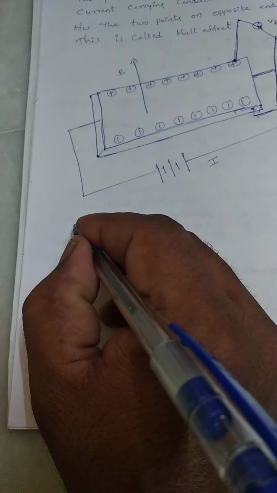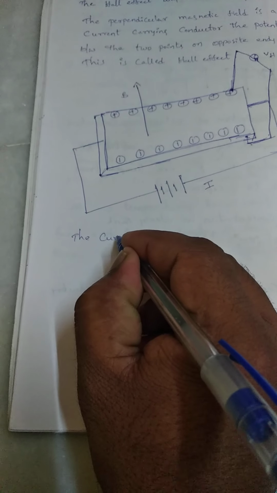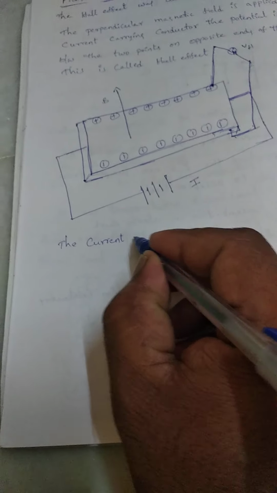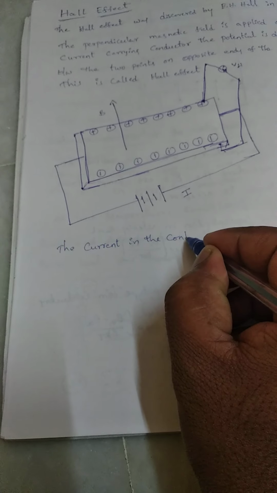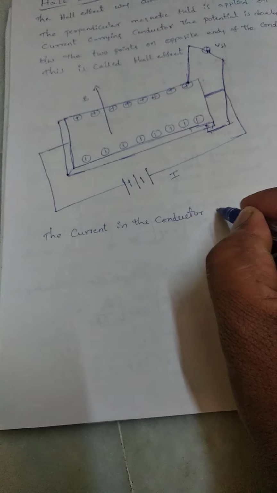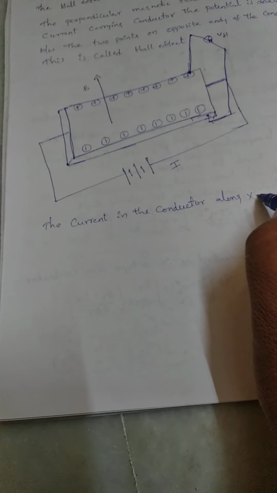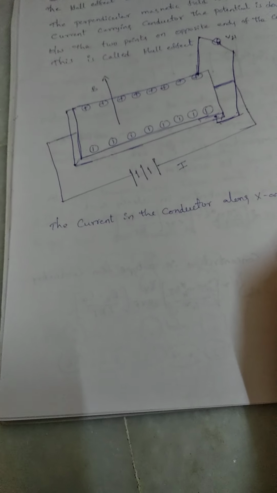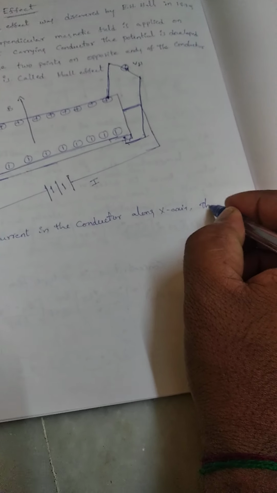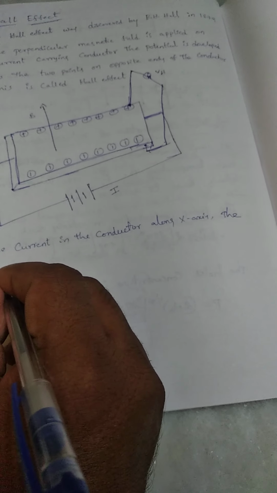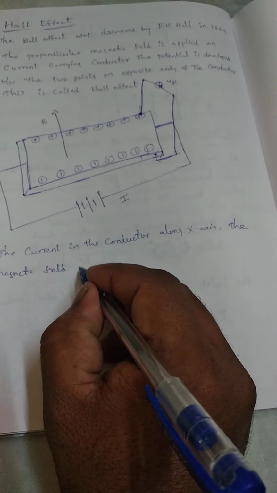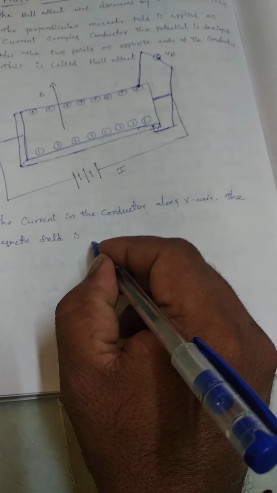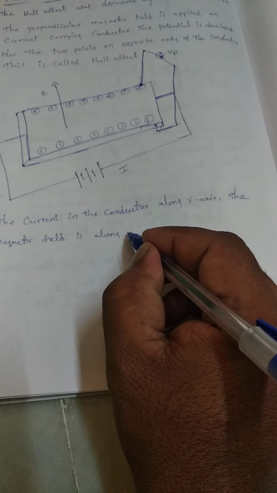Now, the current in the conductor is along the x-axis, and the magnetic field is along the y-axis.